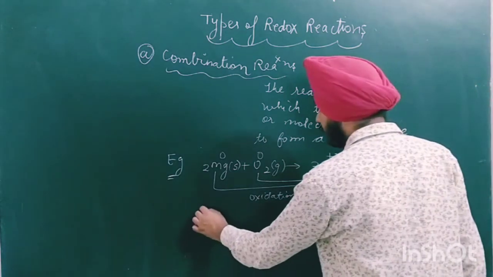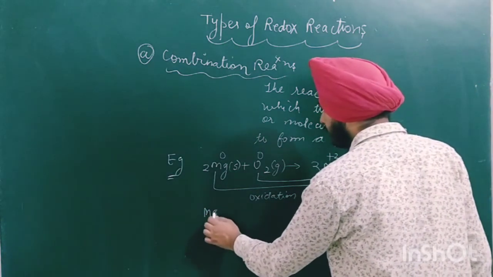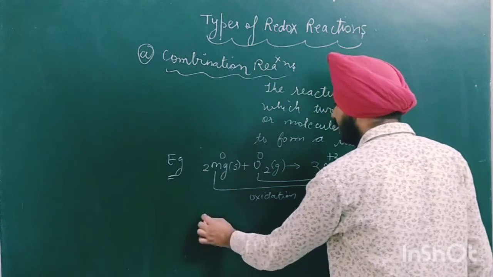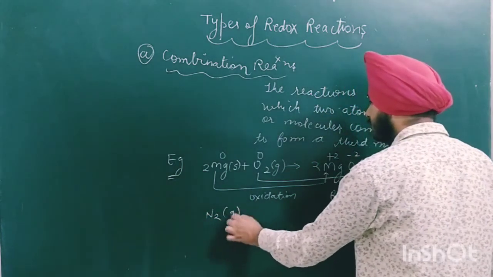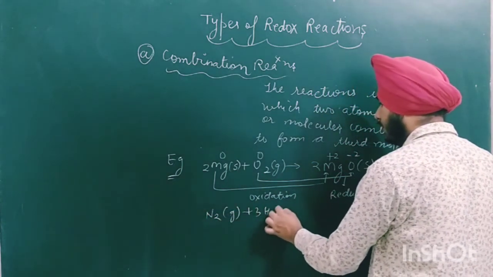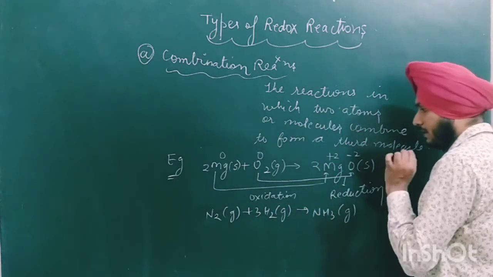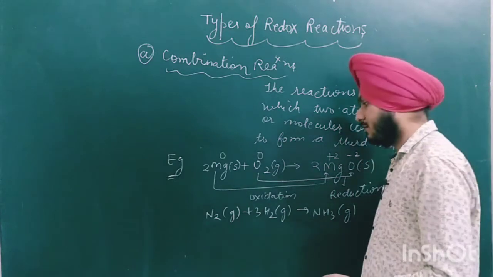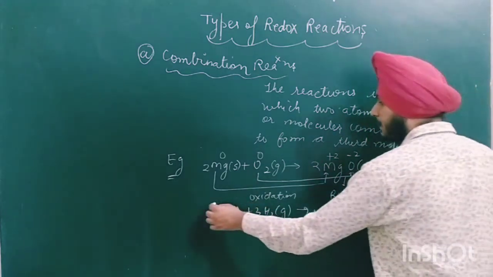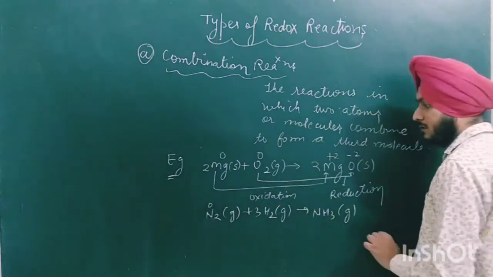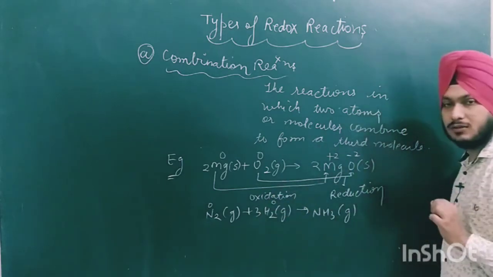Again we have some more examples, like N2 plus 3H2. N2 gas plus 3H2 gas gives NH3 gas. This is the formation of ammonia, that is the Haber process. Here also the oxidation state of nitrogen is 0 and for hydrogen it is also 0.